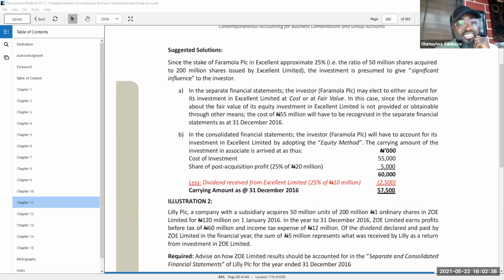I think you didn't read the question well. It says advise on how Zoe Limited results, these are results of Zoe Limited, will be accounted for in the separate and consolidated financial statement of the investor, Lily. Did you get the message clearly?